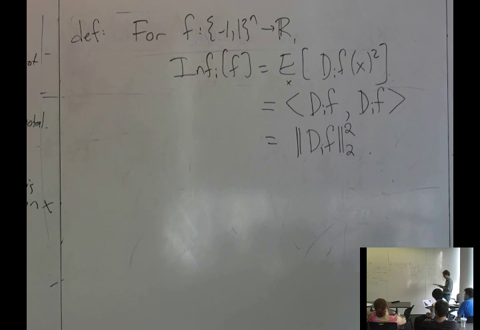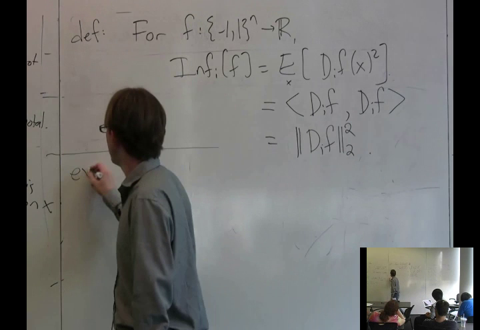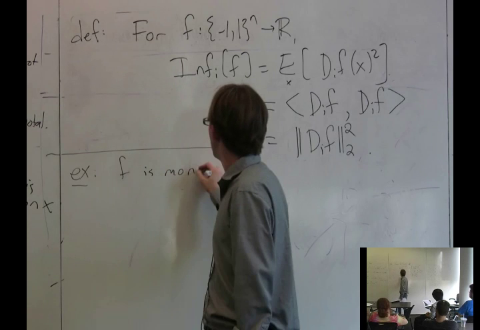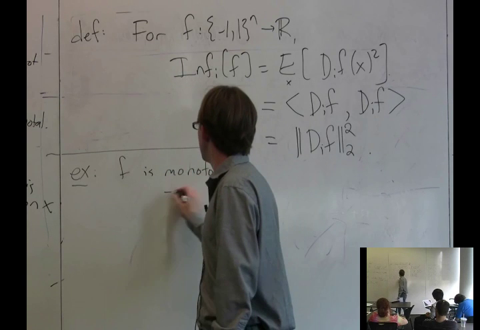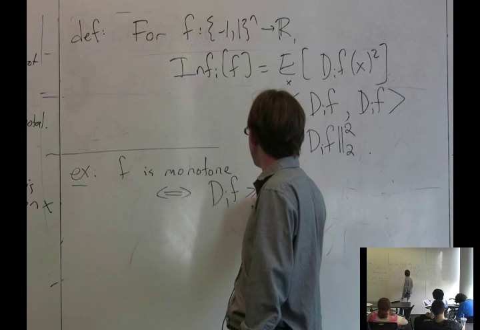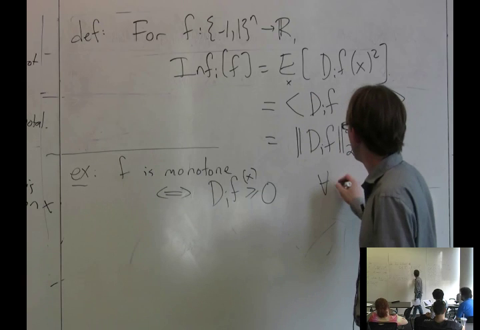OK. Now what I want to show you is that there's a good reason why this thing is called the derivative operator. One reason, which you can check for yourself, straight from the definition, is that f is monotone if and only if this function D_i f is non-negative for all x and i.